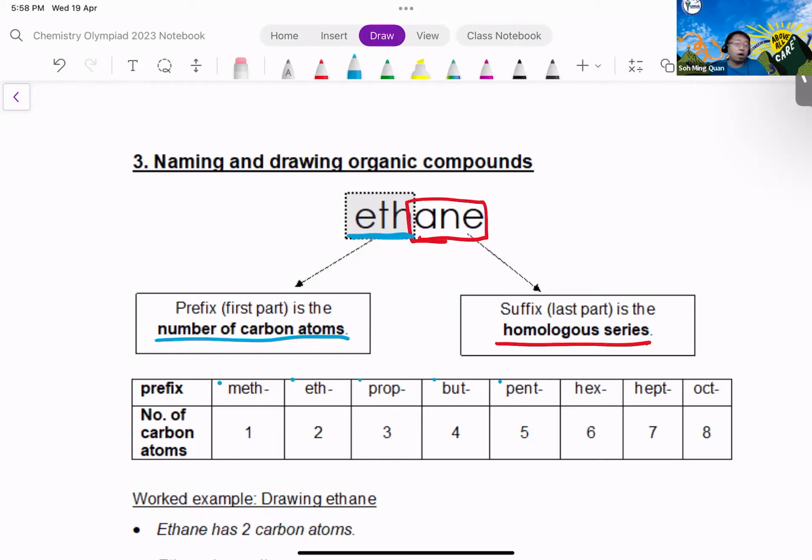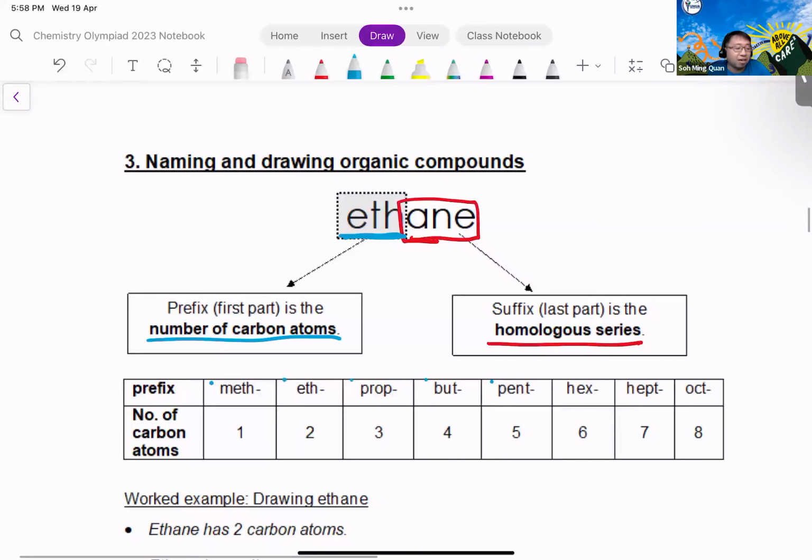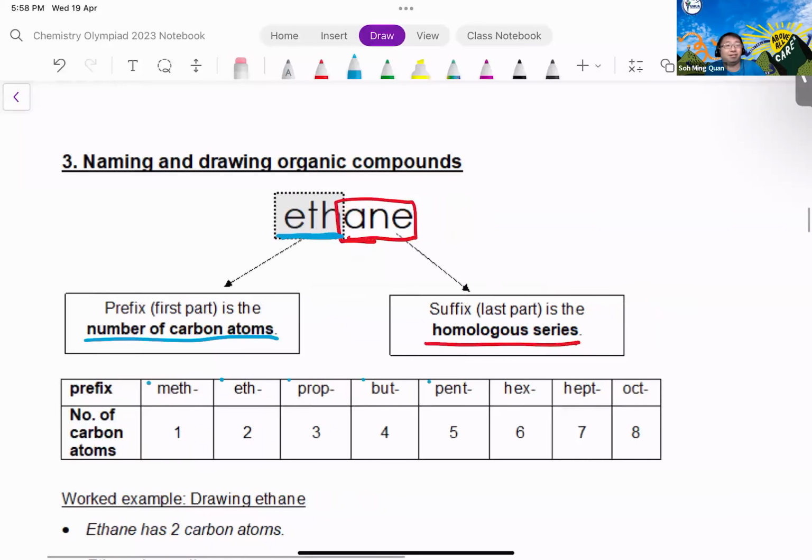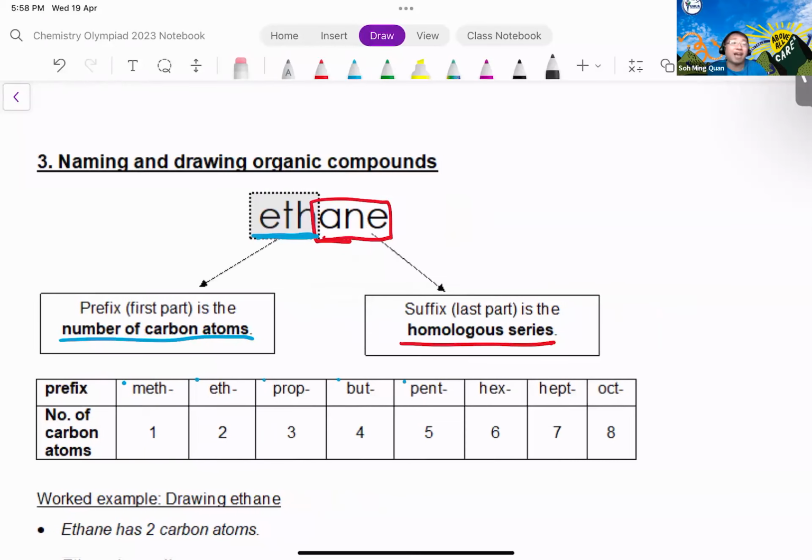How do you say 9? A 9-sided polygon is called nonagon. So non means 9. Finally, 10 is decagon, so dec is 10 carbons. A 10-carbon alkane is called decane.